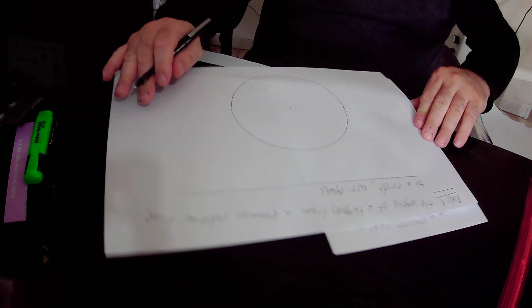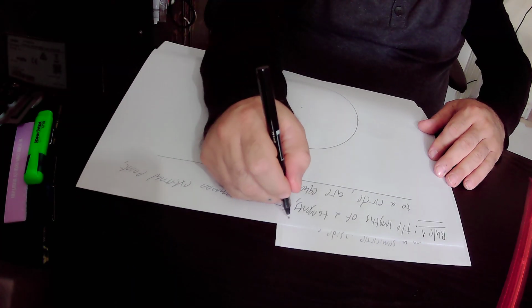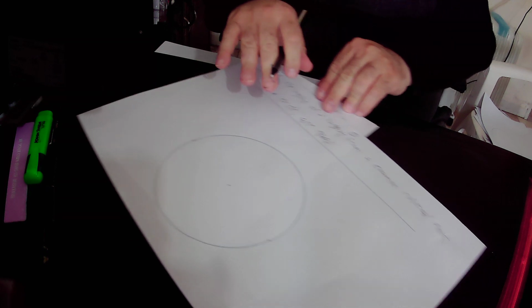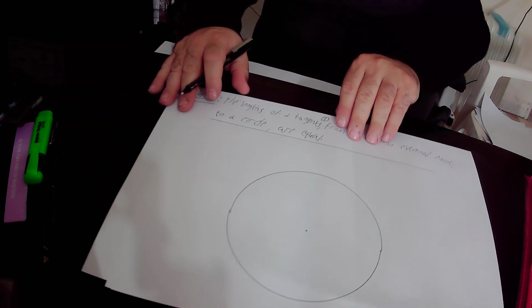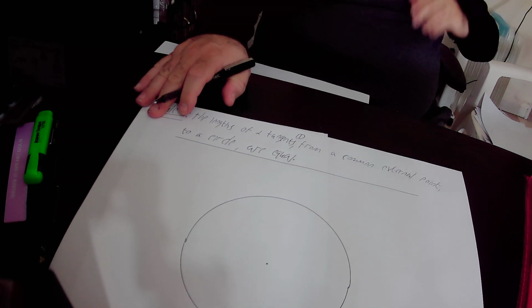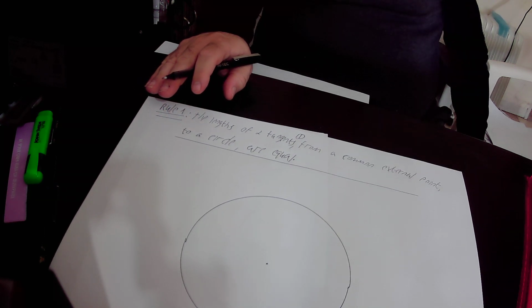I'll read rule number 1 again. According to rule number 1, the lengths of two tangents from a common external point to a circle are equal.